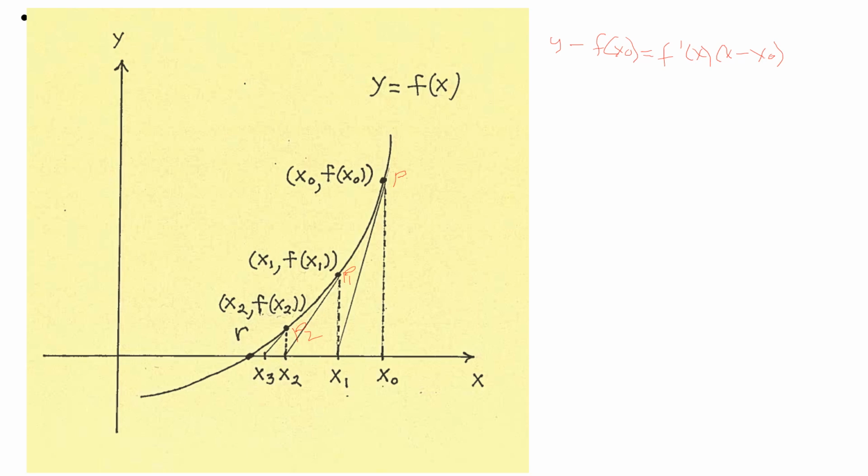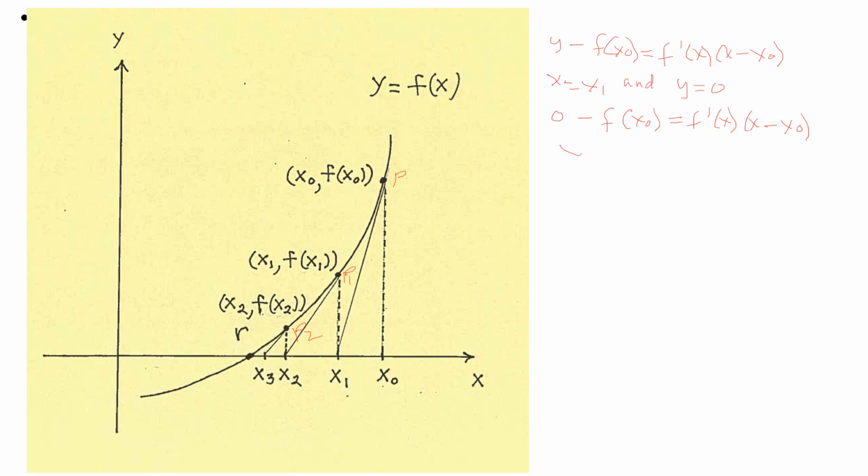So setting x equals x sub 1, and y equals 0, you have 0 minus f of x sub 0 equals f prime of x sub 0 times x sub 1 minus x sub 0.